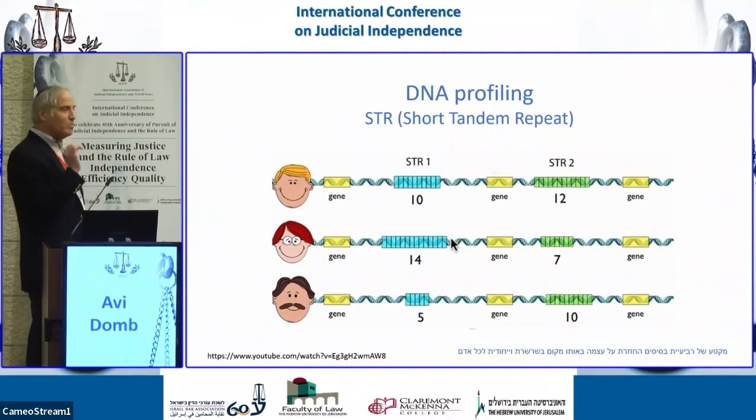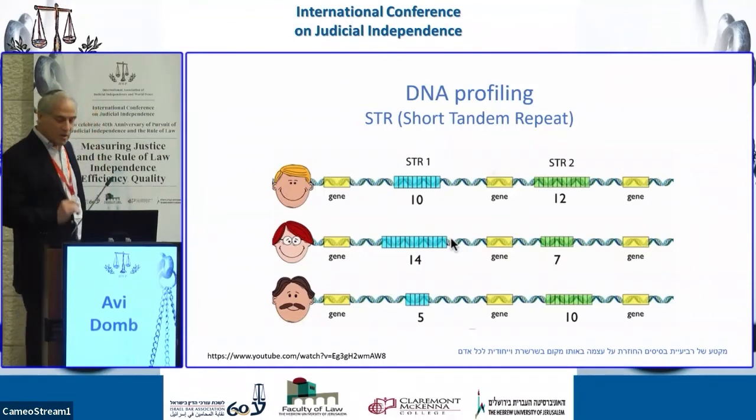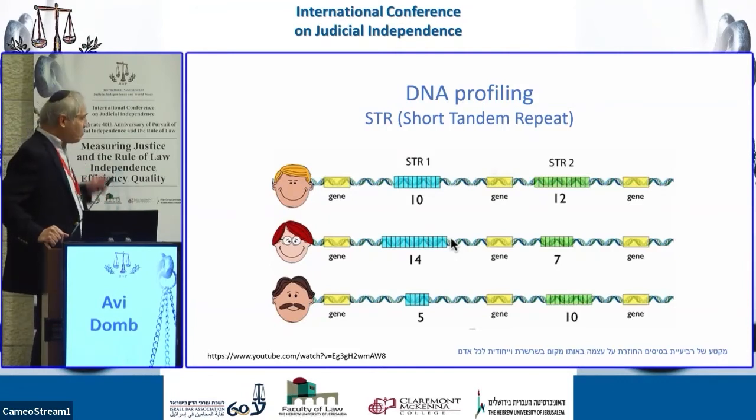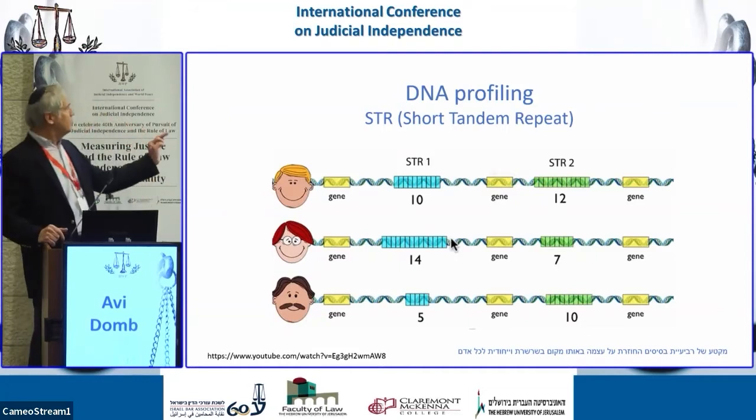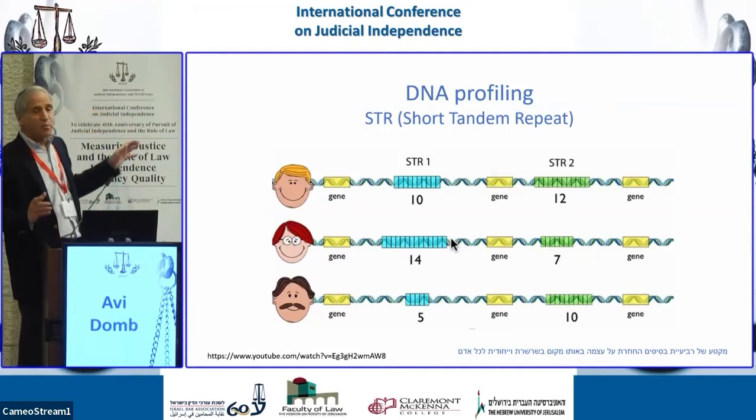It means that there are some repeats of nucleotides that are very typical to each person. If we look at one site, let's say an STR, a short tandem repeat, in the upper person, we see that he has 10 repeats probably from the mother, and he may have 20 repeats from the father. The next person, a lady, has at the same place in the DNA 14 repeats from the father, and maybe 20 repeats from the mother. And the third one has only 5 repeats at the same place.